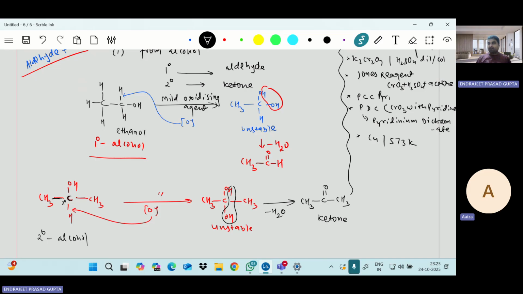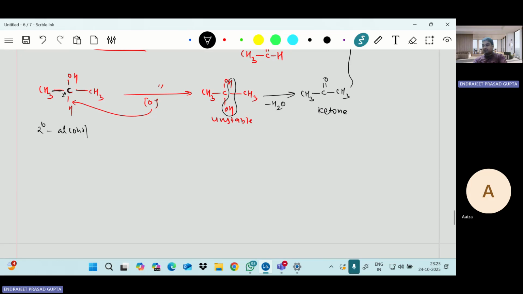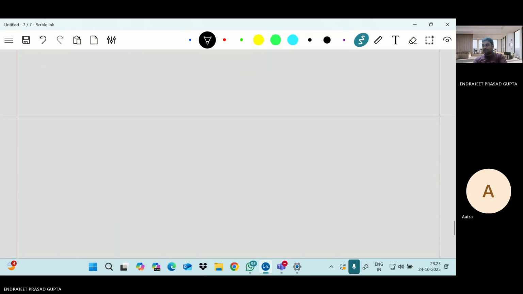Pyridinium, here I'm writing pyridinium fluorochromate. So this is the way by which you can prepare it by the oxidation method. Any confusion?